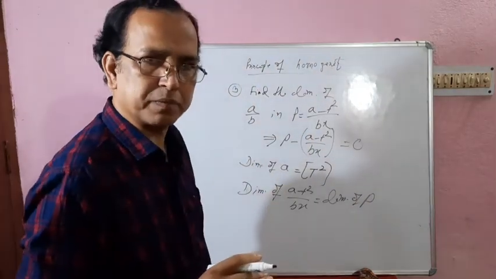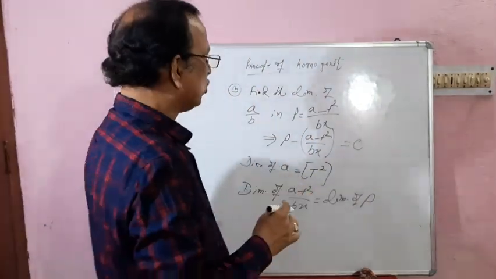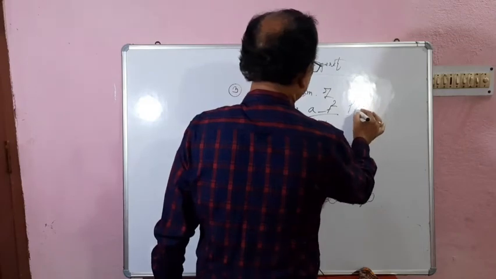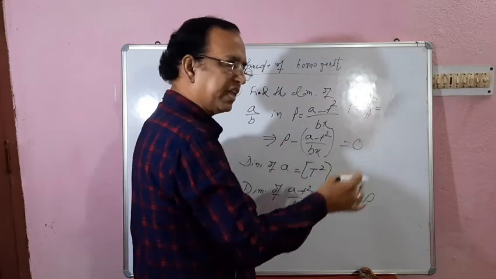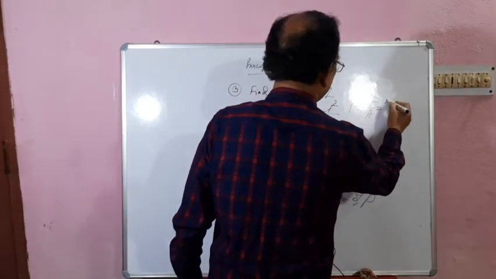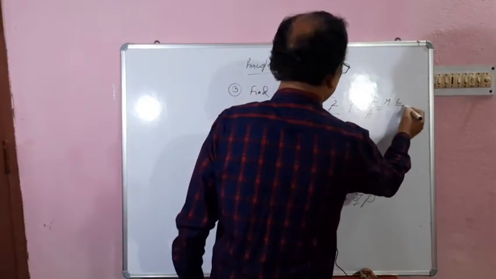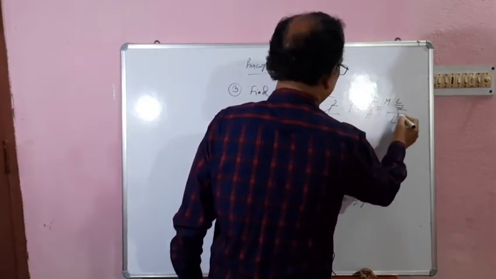What is pressure? Pressure is equal to force per area. Force is your mass into acceleration. Mass, that is m, acceleration L by T square, area L square.